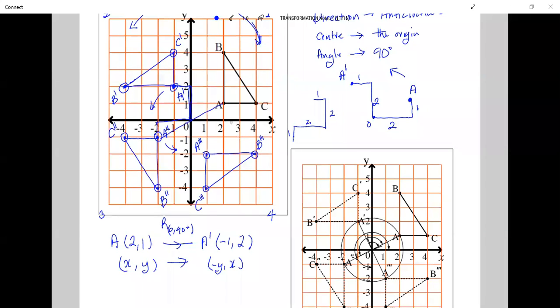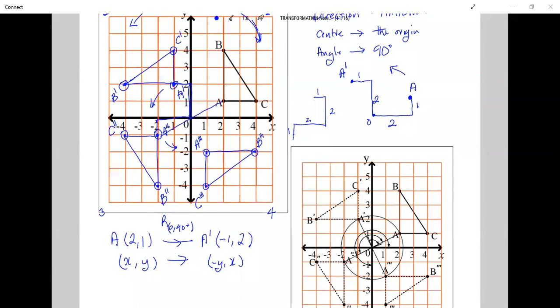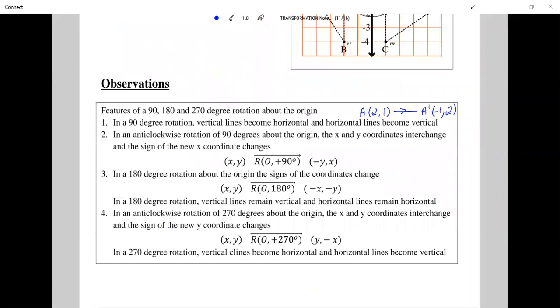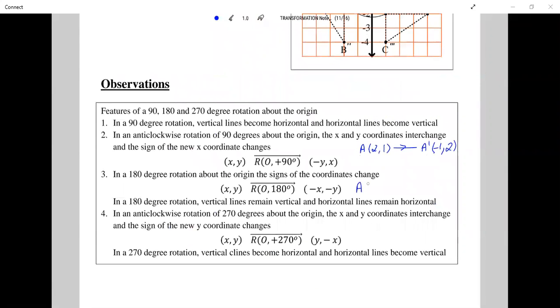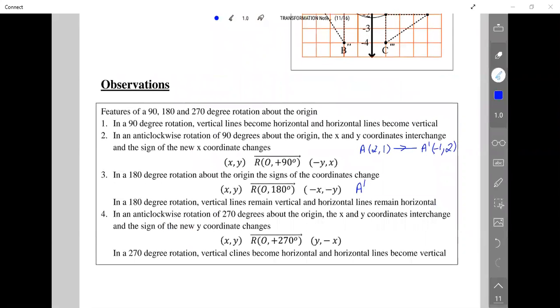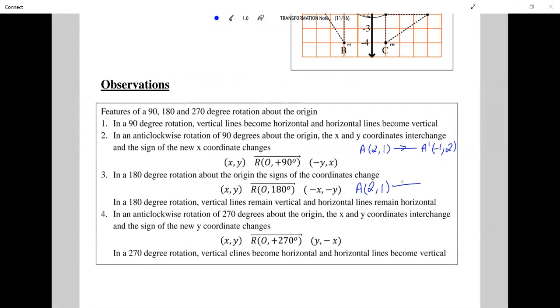The point A, which is (2, 1), became (-2, -1). So the point A, not A prime, A, which is (2, 1), becomes A double prime, which is (-2, -1). So in a 180 degree rotation about the origin, the signs of the coordinates change. That's all that happens.